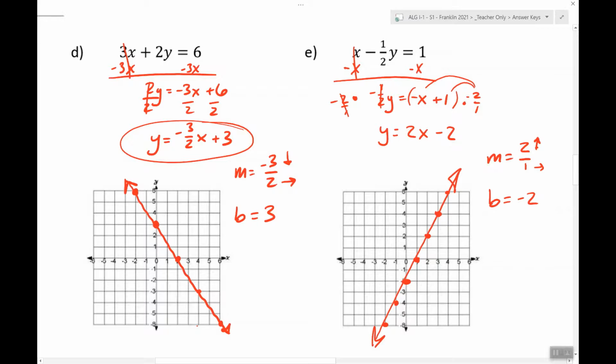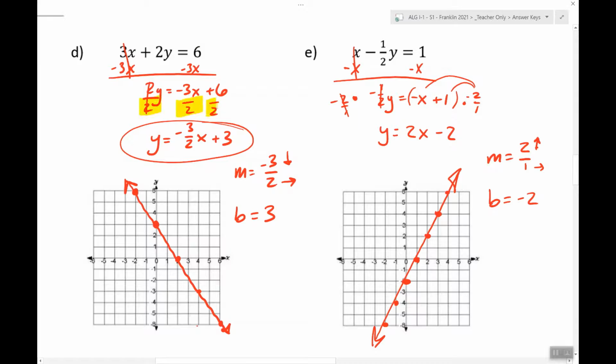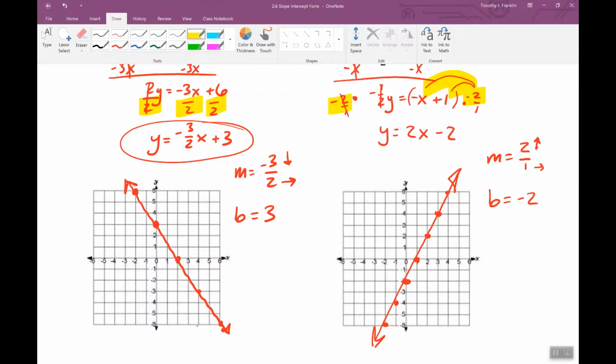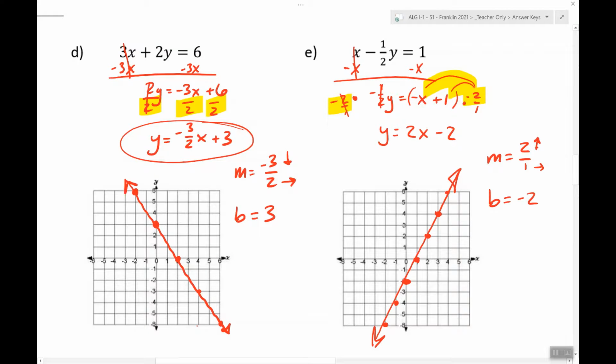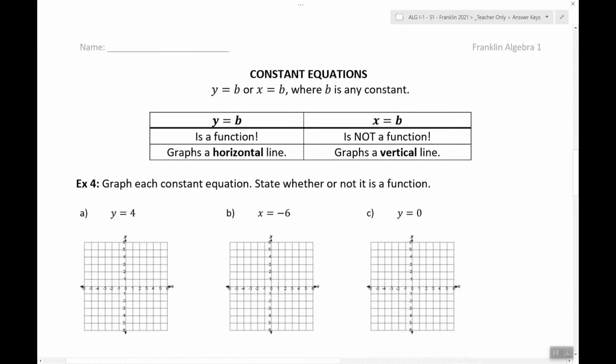So be careful when you are multiplying, just like when you divide. When we divided on example D, we divided everything by 2. Here we had to multiply everything by negative 2. So depending on what operation you're doing, just make sure that every number on that side does get multiplied or divided by that number.